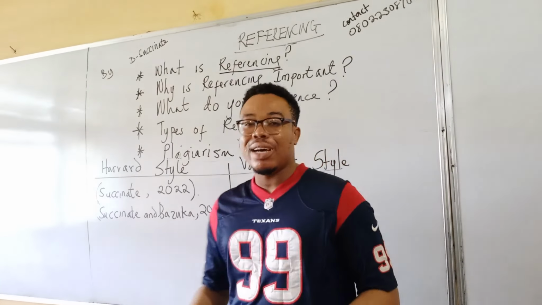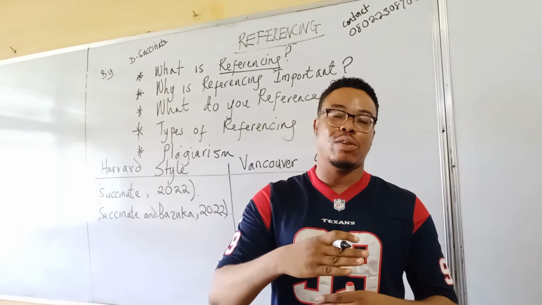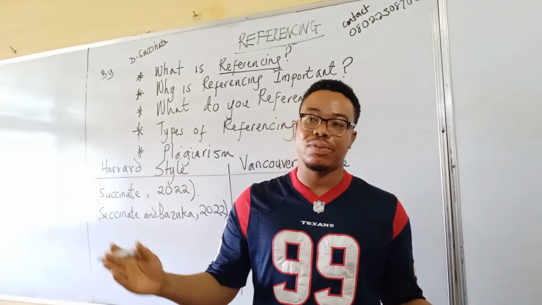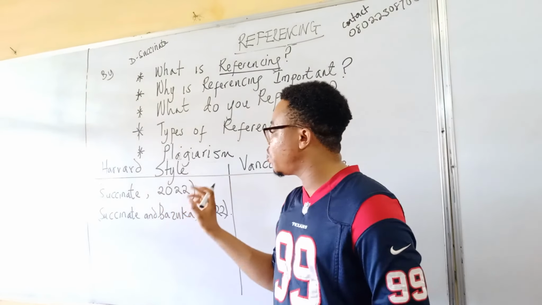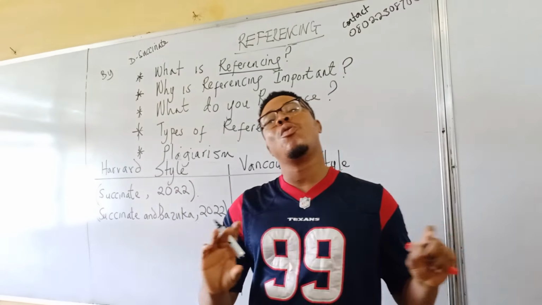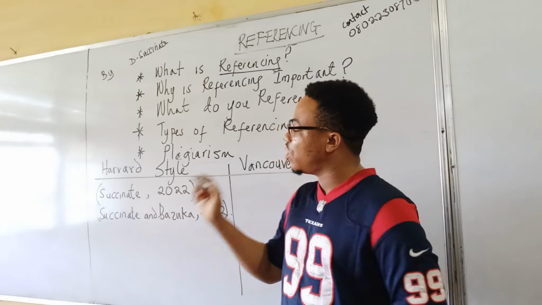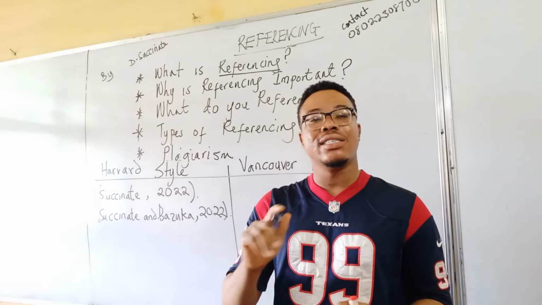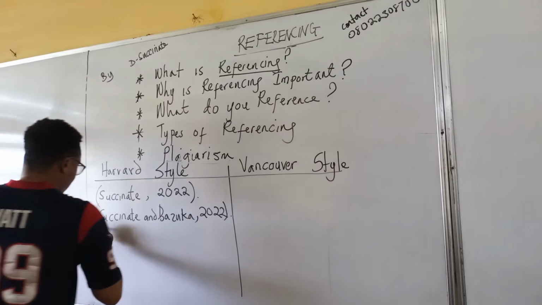And what if there are more than two, like three, four, five? In that case, you don't just put the whole names because it's very cumbersome. In that case, you put the first name and something like this.